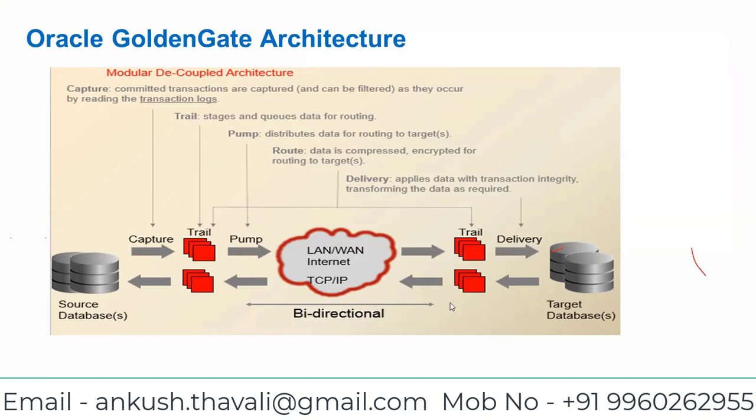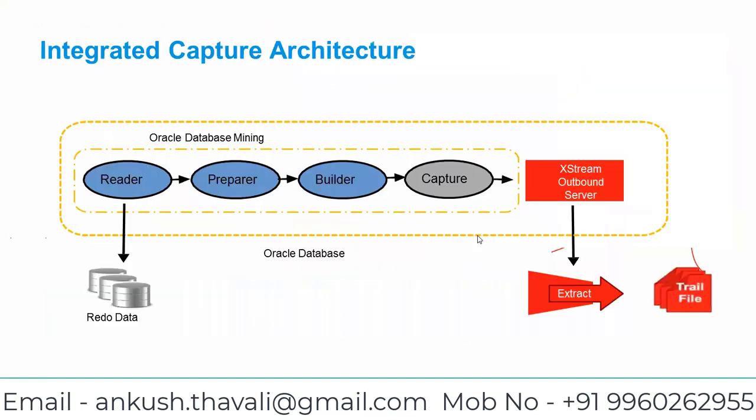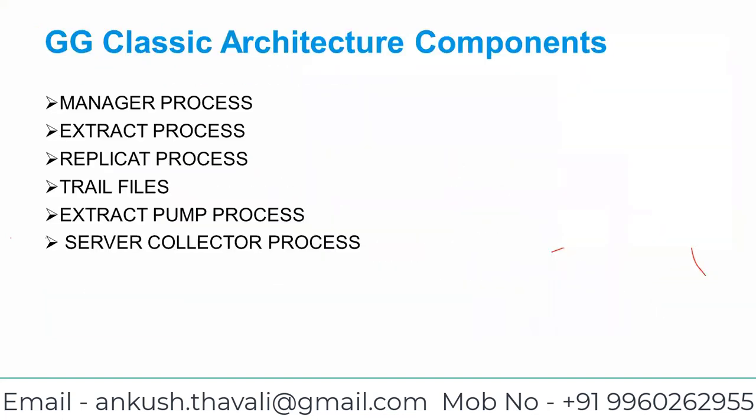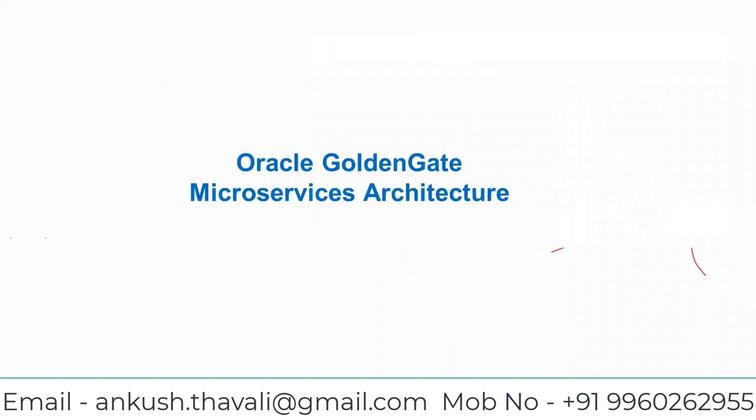The collector process collects the data being sent by the source pump and writes it to the remote trail. So these are the six components of Oracle GoldenGate classic architecture: manager process, extract process, replicat process, trail files, pump process, and collector process.